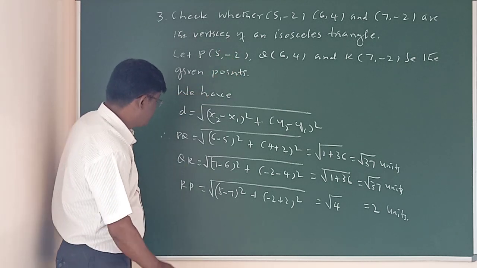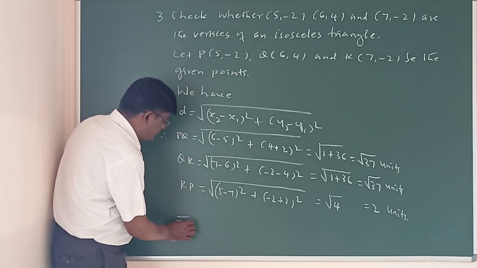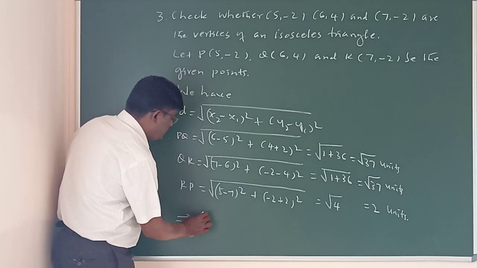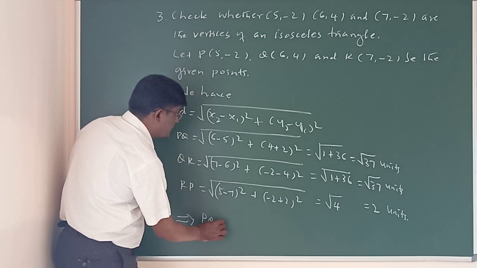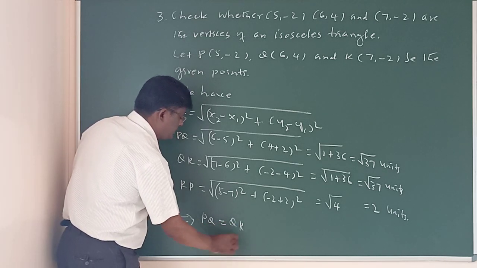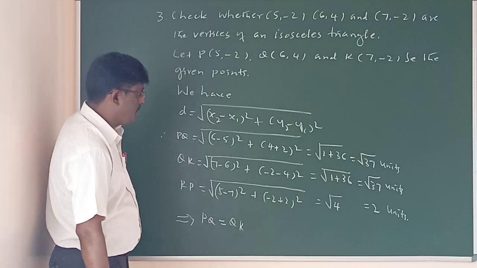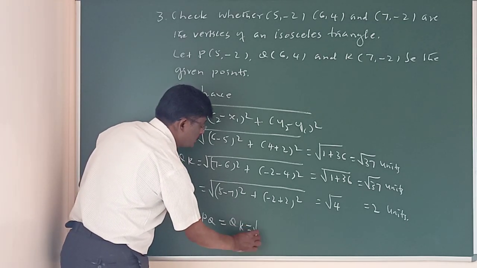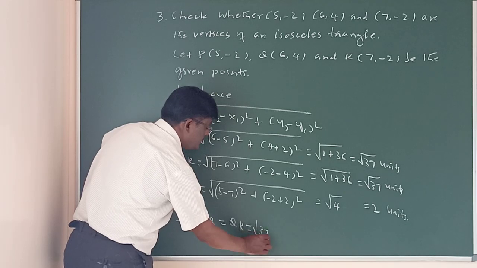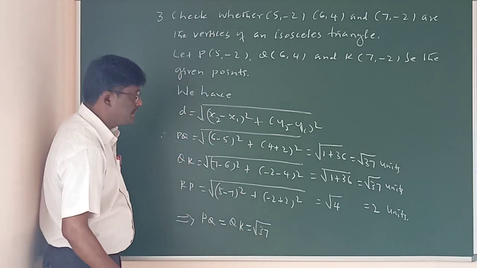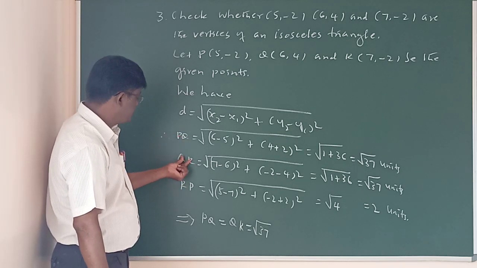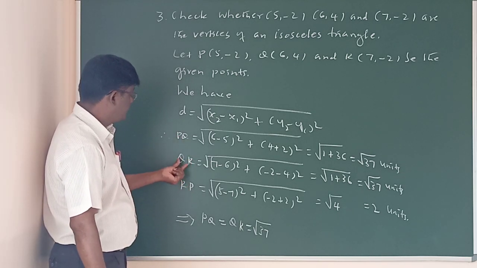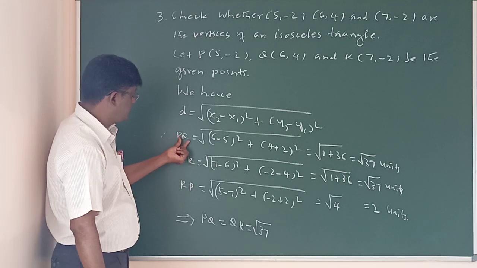Okay, children. Now therefore, this implies PQ equal to QR equal to square root of 37, and here it is very clear that the sum of these two sides is greater than the third side.